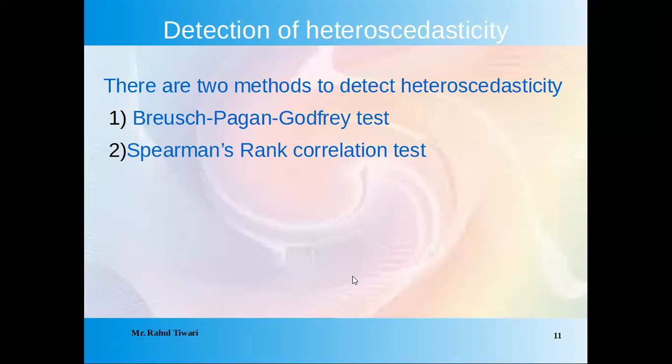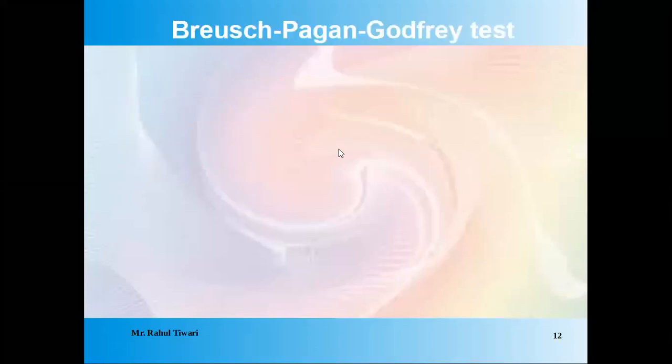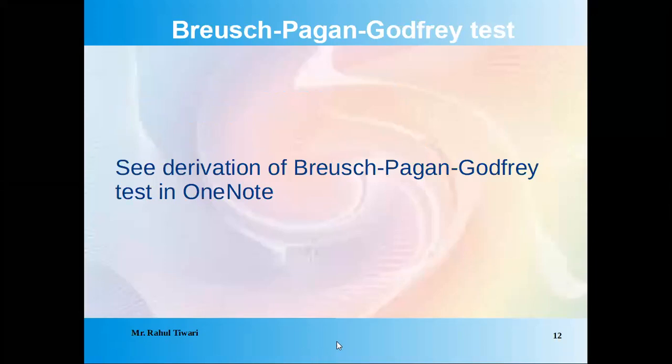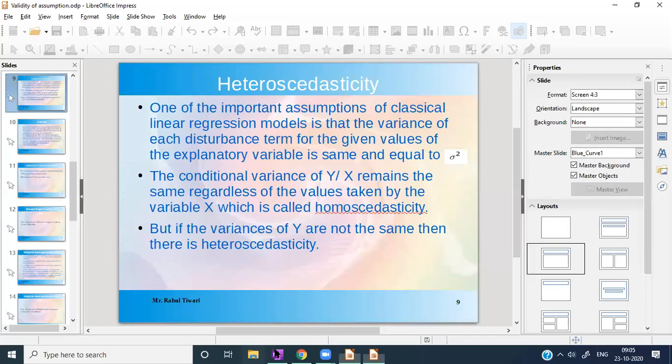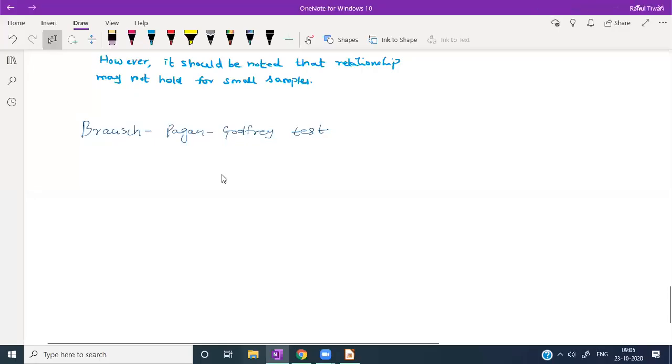We will discuss more about this Breusch-Pagan-Godfrey test in Notepad, so we can see the derivation part. I think you are able to see the Notepad also. This Breusch-Pagan test is to be used if you want to check whether heteroscedasticity exists or not.